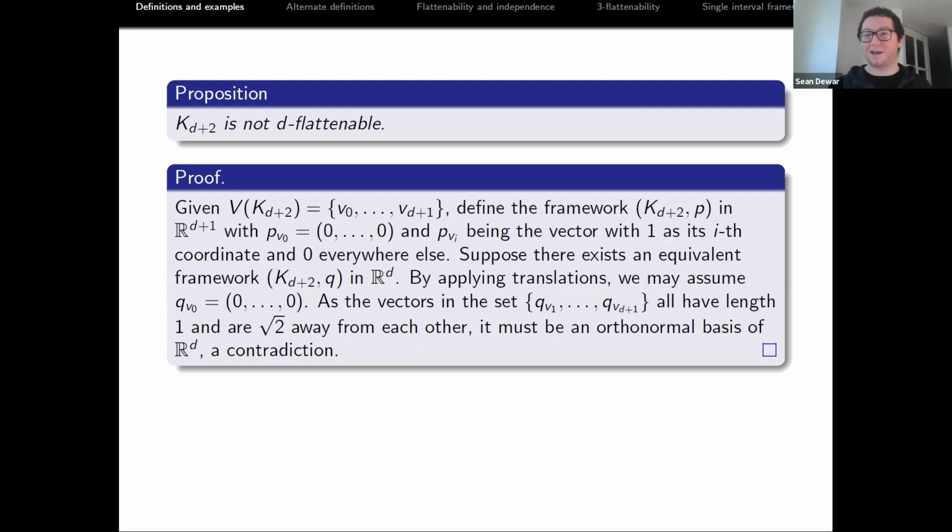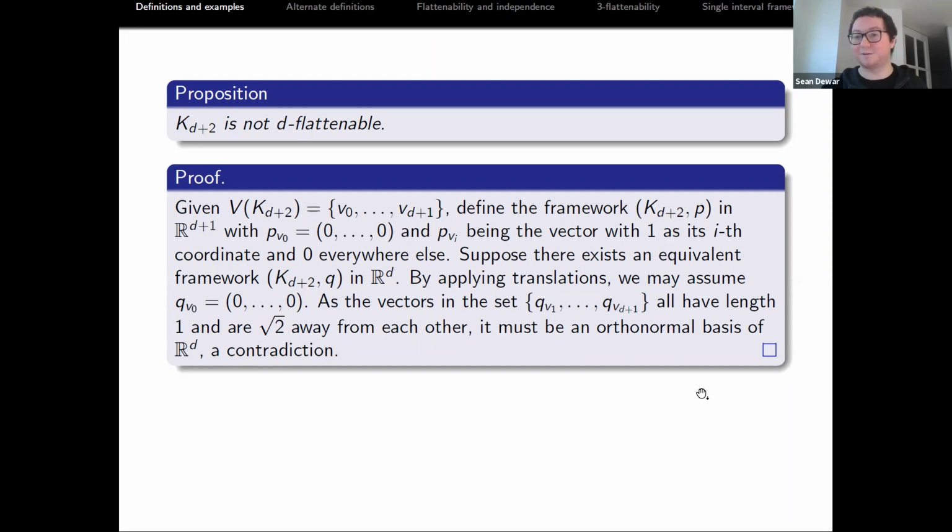And if you think about it, it ties to the fact that K_(D+2) is going to be globally rigid in R^(D+1). If it could have an equivalent realization in R^D, that would mean it wasn't globally rigid, which is a contradiction. Okay, I don't want to dwell on this too much.